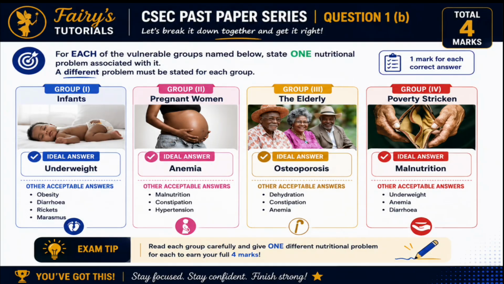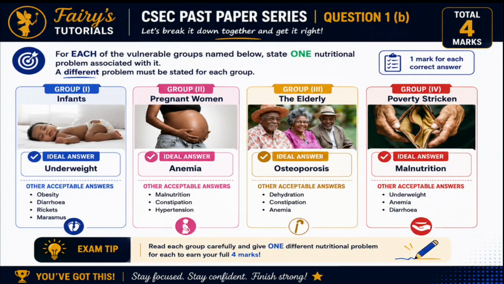Now, the vulnerable groups that are listed are infants, pregnant women, the elderly, and also poverty-stricken. Now, our ideal response for infants could be underweight, right? Other acceptable answers could also be obesity, diarrhea, rickets, and marasmus, right? Moving on to the pregnant woman, ideal answer there could be anemia. Other acceptable responses as well include malnutrition, constipation, and hypertension.